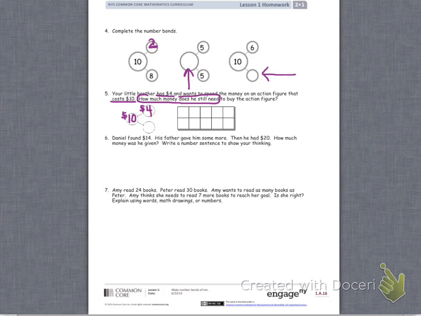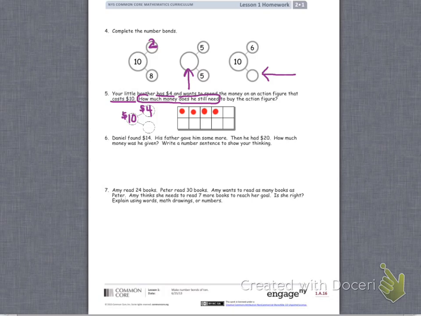So this time we know that the student needs $10. So I inserted a tens frame. Brother only has $4. So I'm going to show you 1, 2, 3, 4 squares that are shaded to represent the $4 that the little brother has.